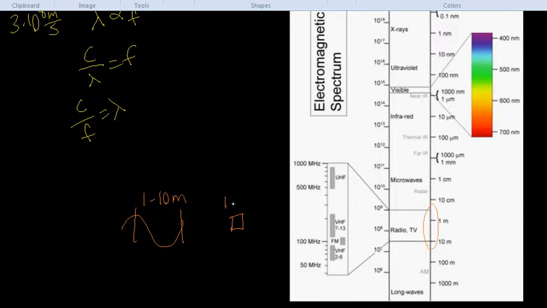Because of this, a 10 meter wavelength wave will generally only interact with a 10 meter object. Interact meaning that the wave bounces off, reflects, scatters, whatever. Anything smaller and the wave will pass right through.